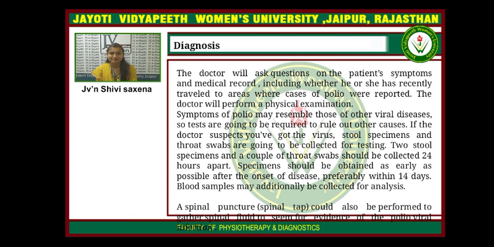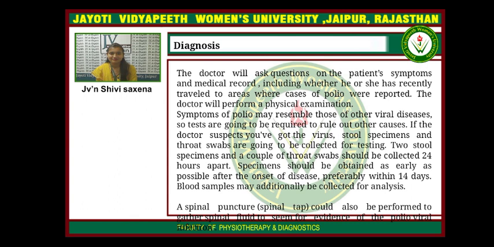If the doctor suspects you have got the virus, stool specimens and a throat swab are going to be collected for testing. Two stool specimens and a couple of throat swabs should be collected 24 hours apart.